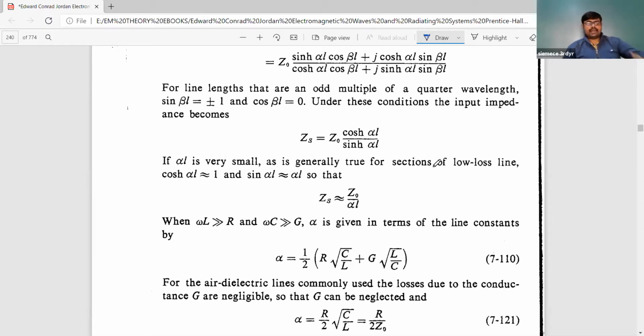So depending upon the odd and the even multiple, for line lengths that are an odd multiple of a quarter wavelength, sin beta L becomes plus or minus 1, and cos beta L becomes 0.